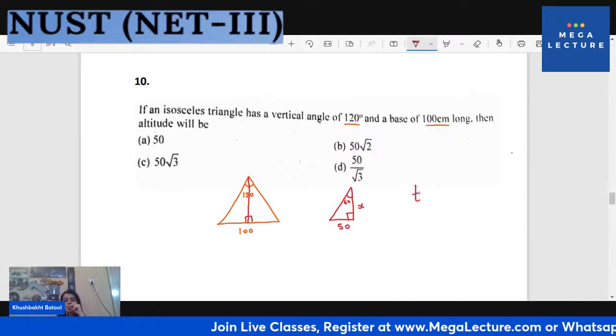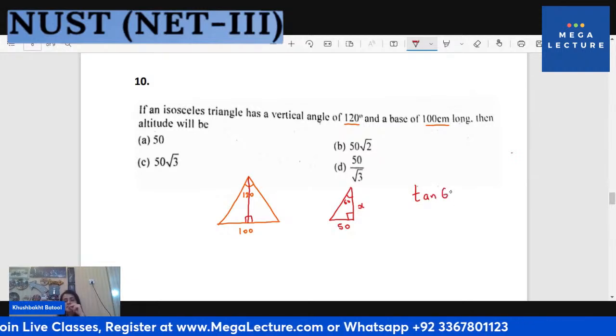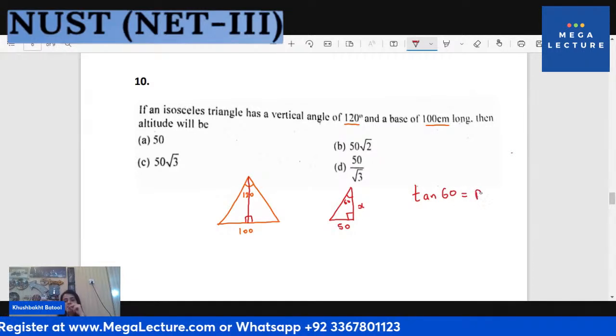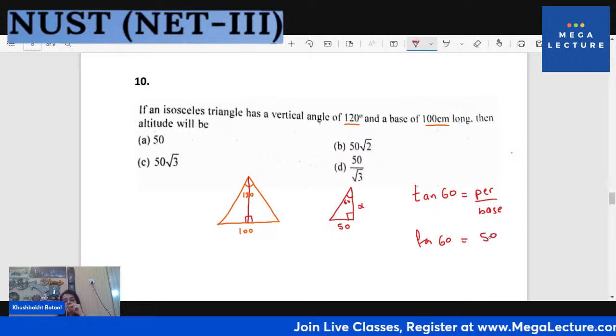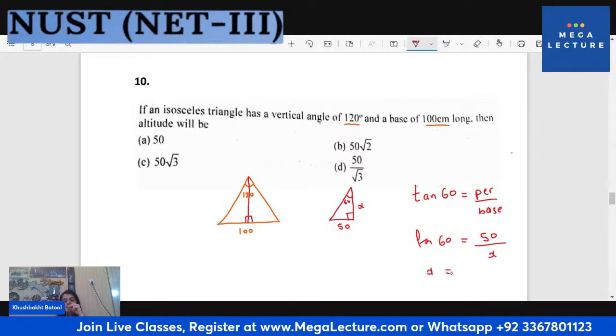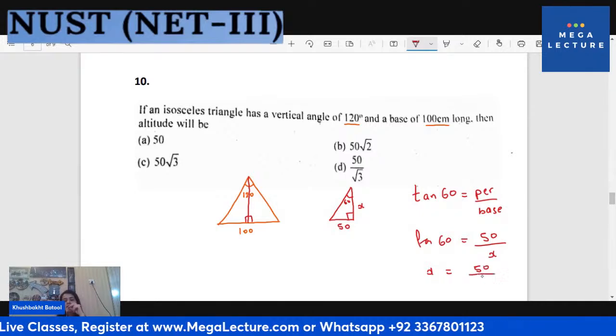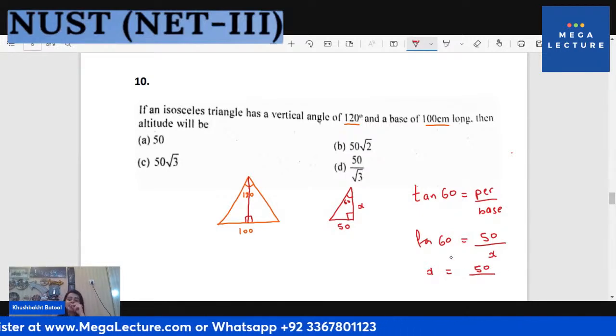So you'll do that by tan 60 equals perpendicular over base. So it would be tan 60 equals 50 divided by x, and x is going to be 50 divided by tan 60, and through that table I know the value of tan 60 is root 3.